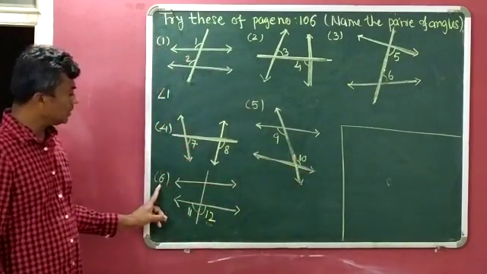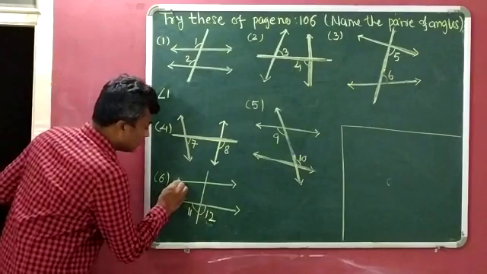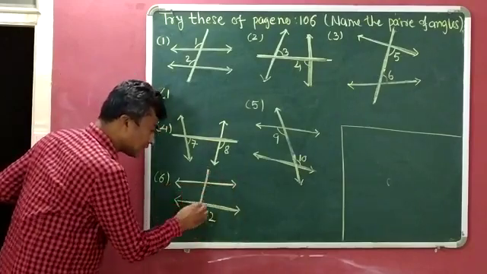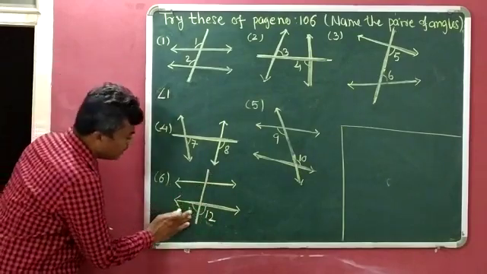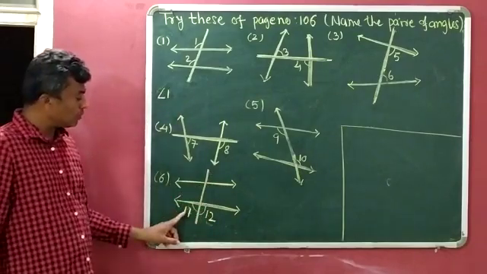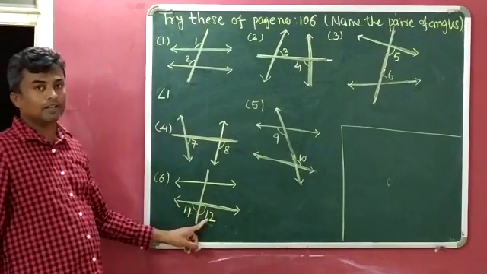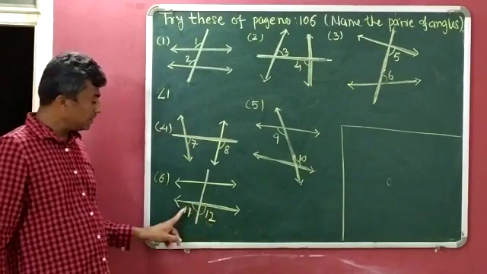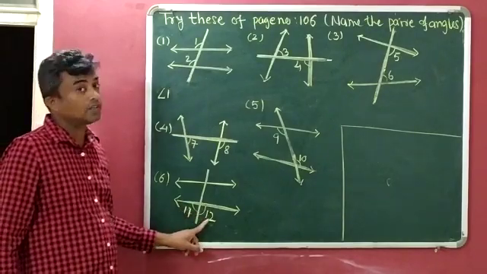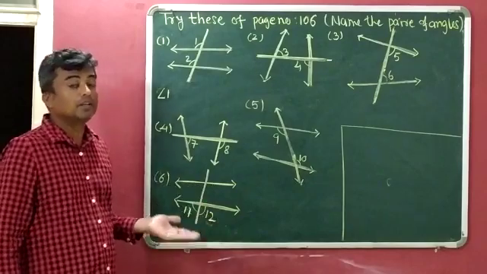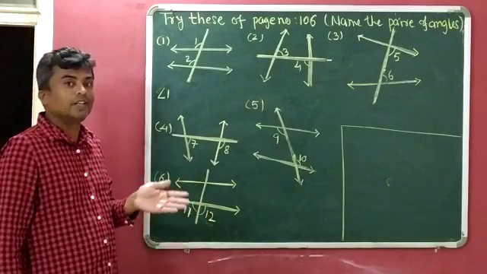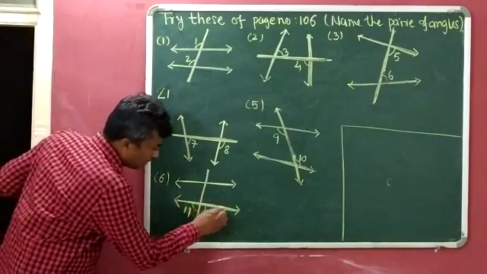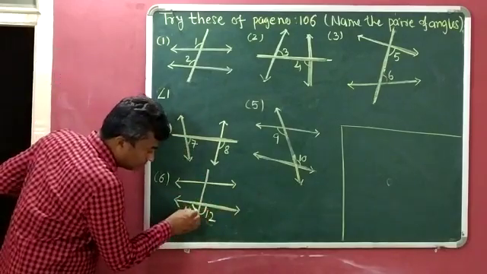Now the last question, question number 6. Two lines are given to us, and this is the transversal. We have to identify the name of the pair of angle 11 and angle 12. There is no corresponding pair, no alternate interior angles, no alternate exterior angles, and they are not co-interior or co-exterior. But they form a half circle.